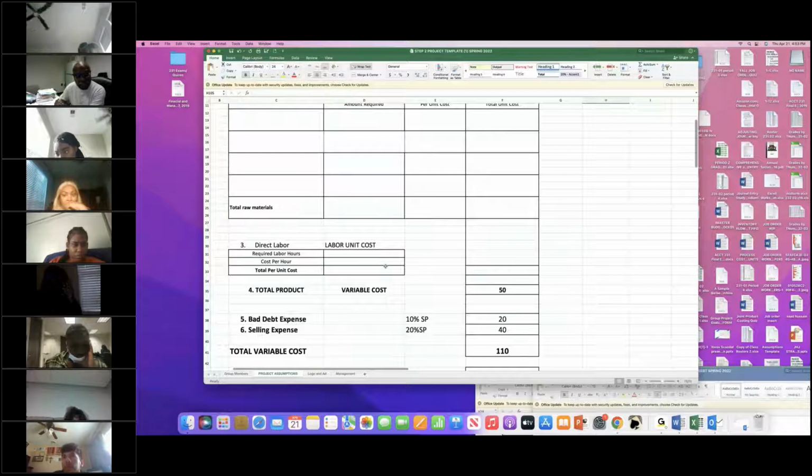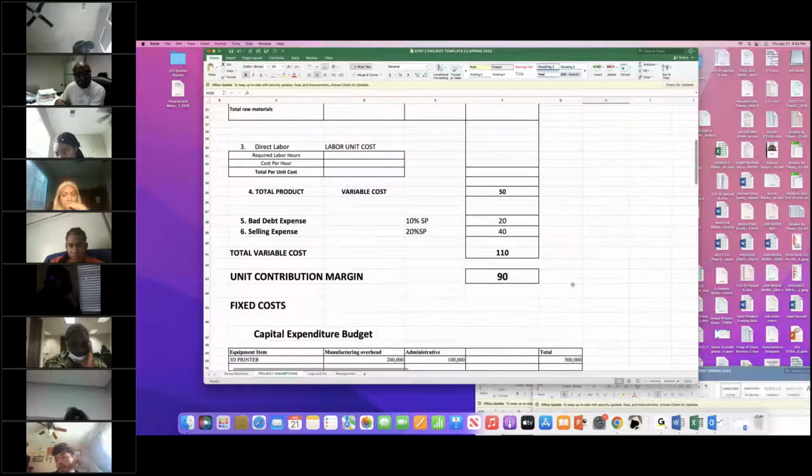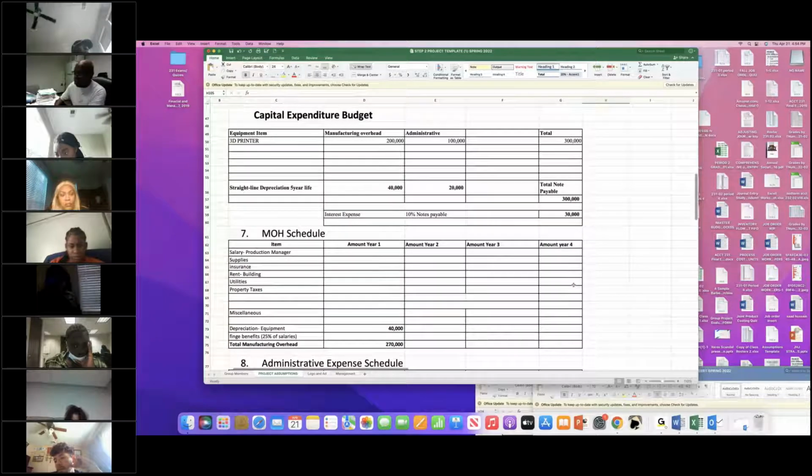Then you're using a standard 10% for bad debts and 20% for selling expense. You'll be selling everything on credit. Any questions? So this is something you should be able to complete by tomorrow.